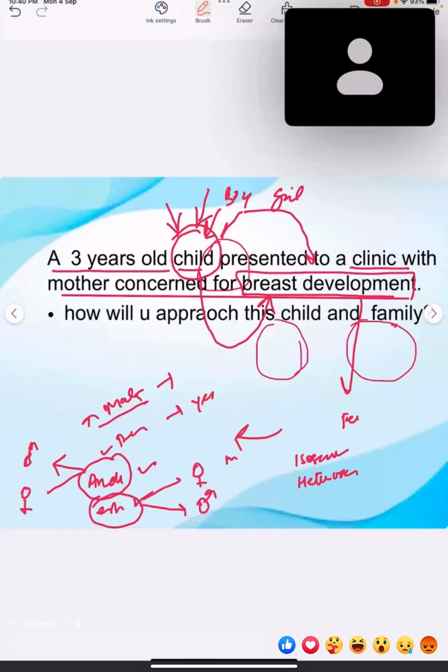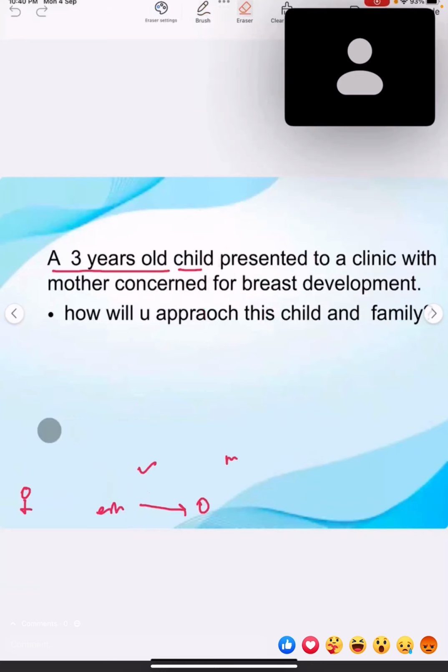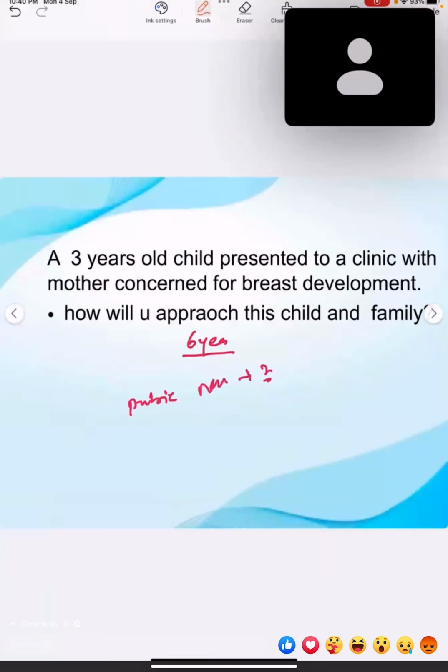Suppose I give you a scenario. A female, she is 6 years old. She comes to you with pubic hair of stage 2. Which hormone is elevated here?